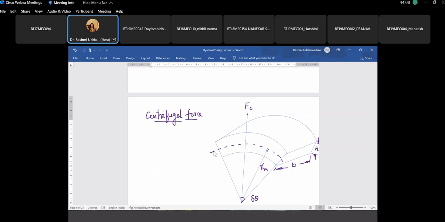Here there would be a normal reaction perpendicular to this surface. What would be this angle? If this angle is delta theta, this angle will be half of delta theta on either side, acting at this angle. This is the normal force.